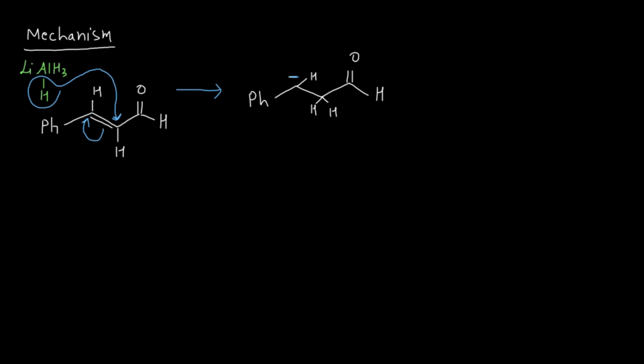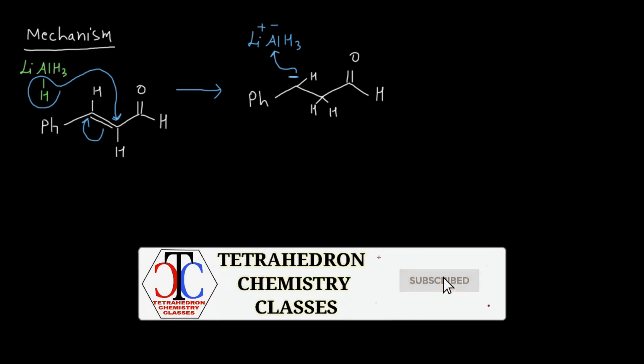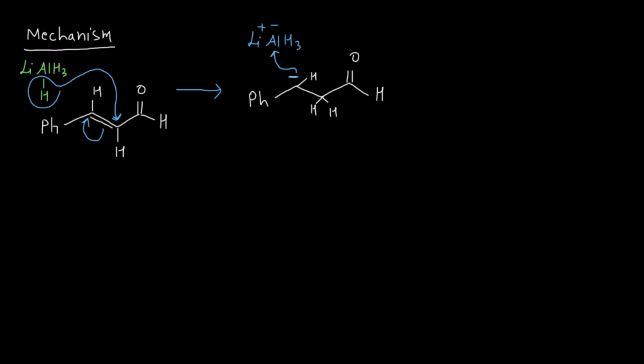Now since this is the negatively charged species, it will have its positive counterpart as well. Its positive counterpart is this Li, Al, H3. This is positive, this is negative. So this negative will attack onto this aluminium, right?